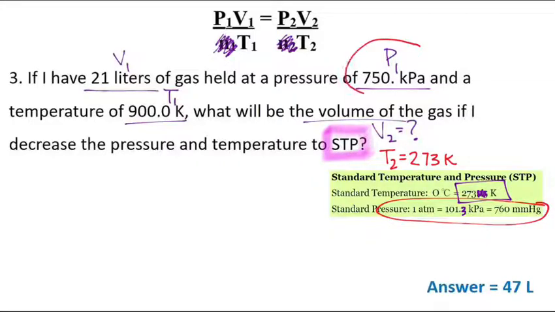So if we go back and look at our pressure 1, that was in kPa, so I'm going to have to use this standard pressure that's in kPa. So 101.3 is going to be the P2 that we use here because it's in kPa.